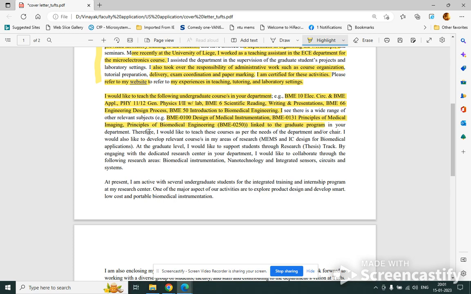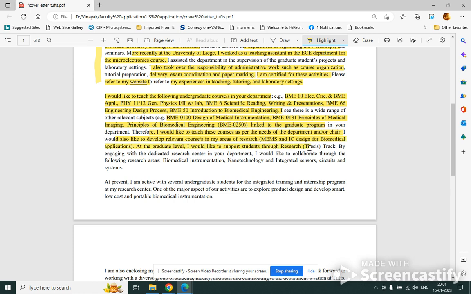So I am able to tell them that I have prior knowledge about that, and that I can teach these courses, multiple courses, or as per the needs of the department and or the chair. I also offer the department to develop a course or assist in developing a course in the subject area of my expertise.